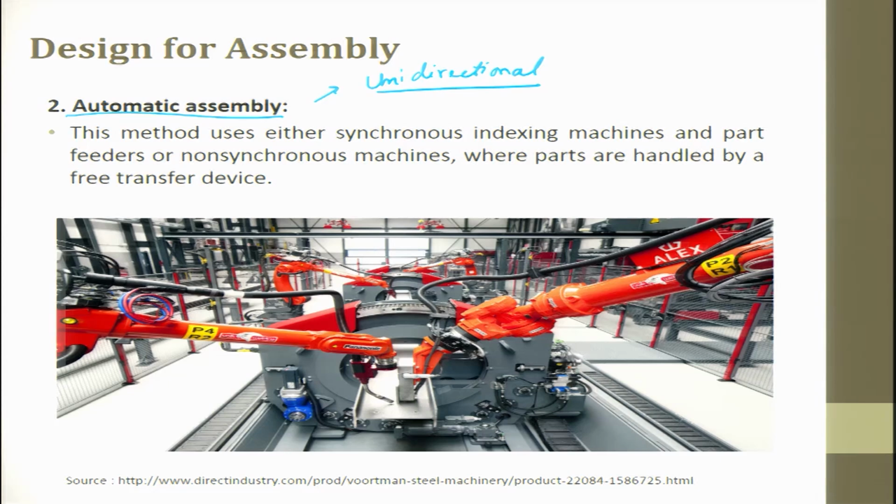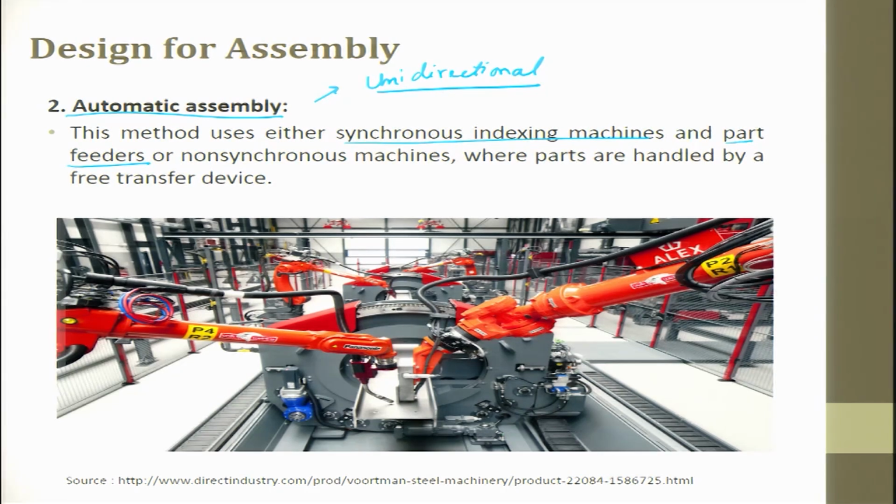And this makes the assembly very easy. This method uses either synchronous indexing machines and part feeders, or non-synchronous machines where parts are handled by a free transfer device. So, a synchronous indexing machine means the parts are fed by a feeder. It is not manually fed.